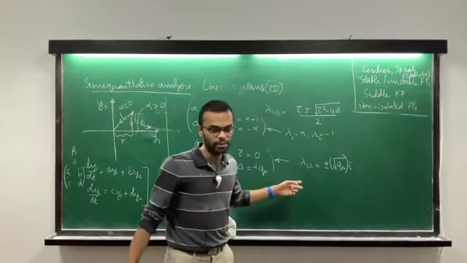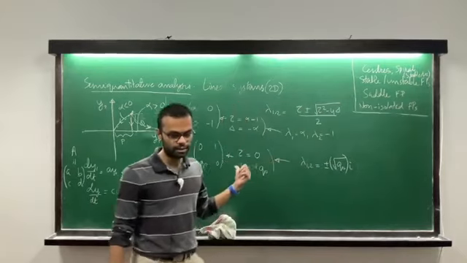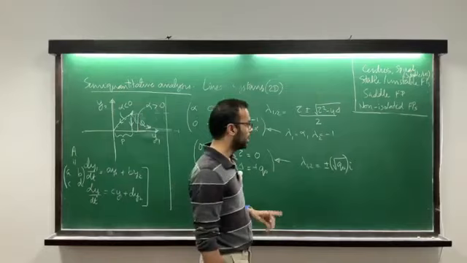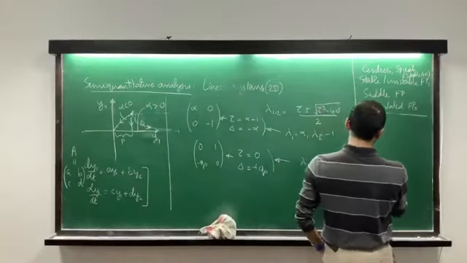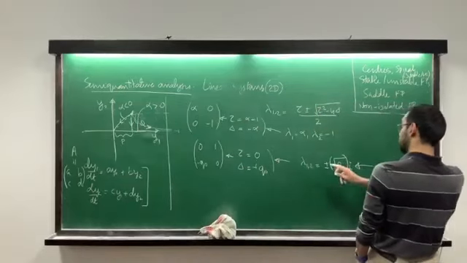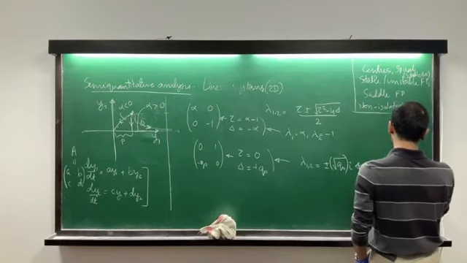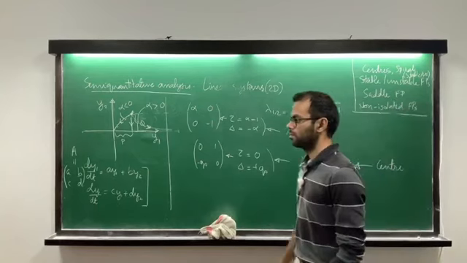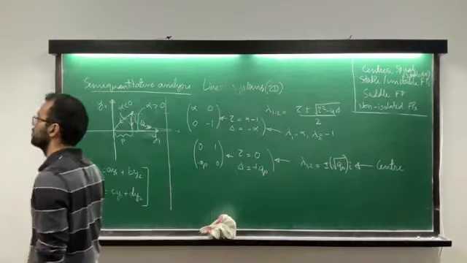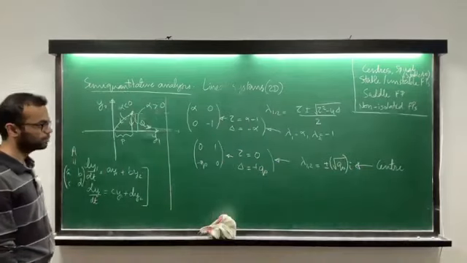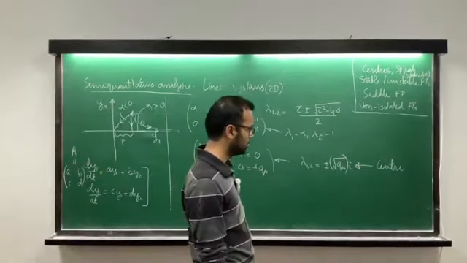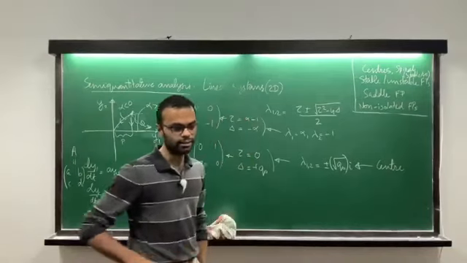So you have imaginary eigenvalues for this matrix. And remember what happened here when you had this situation: you had a center. So remember this situation. You had a center, right?